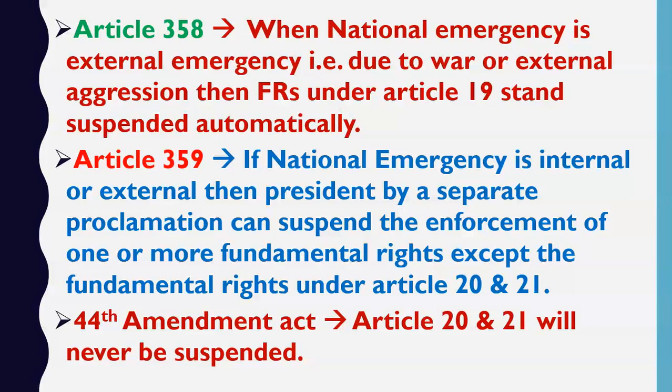Now friends, what is Article 359? Article 359 says that if the national emergency is internal or external, then the President, by a separate proclamation, can suspend the enforcement of one or more fundamental rights, except the fundamental rights under Article 20 and 21.